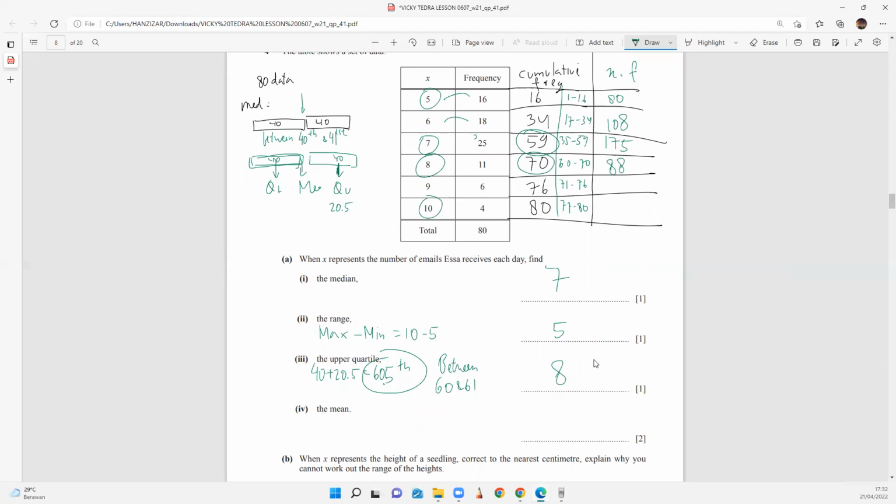And this is 88, 54, 40. And you add all the numbers, right, in order to find the mean. That is how you do. So you add all.